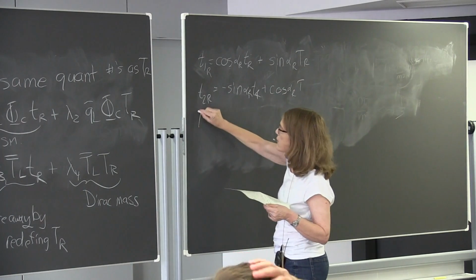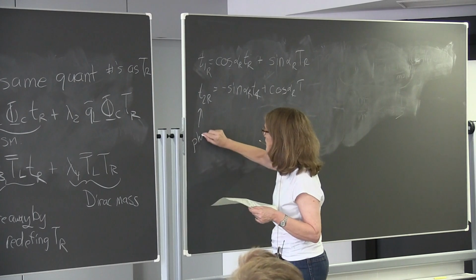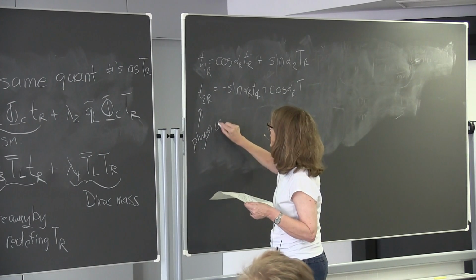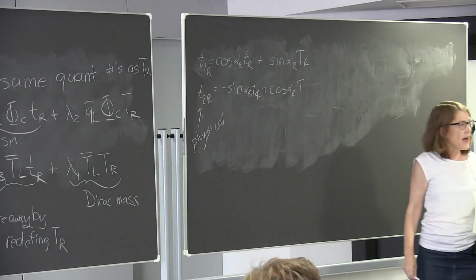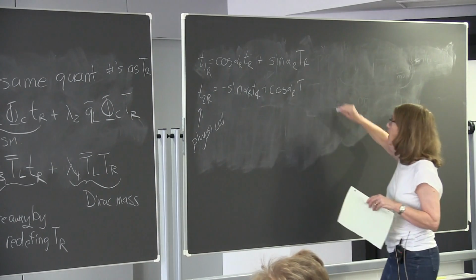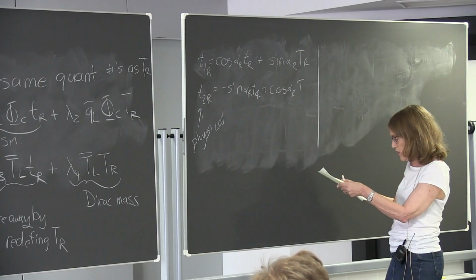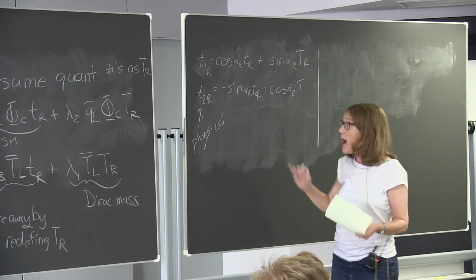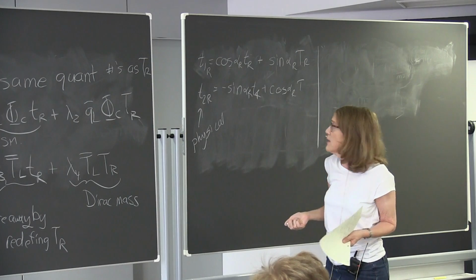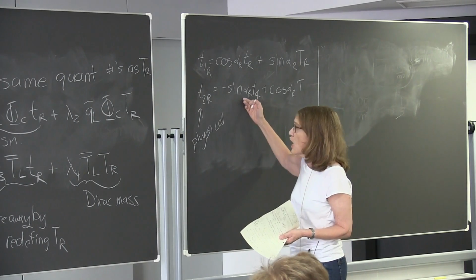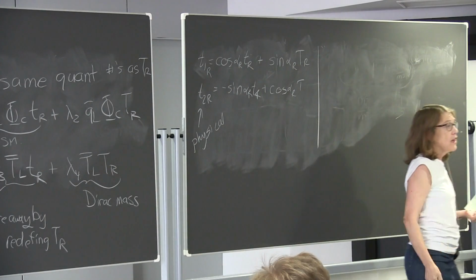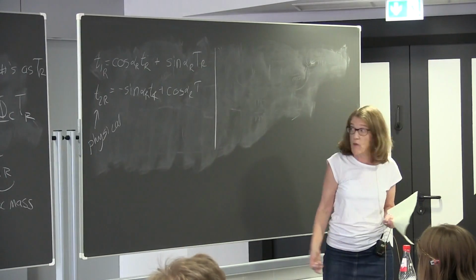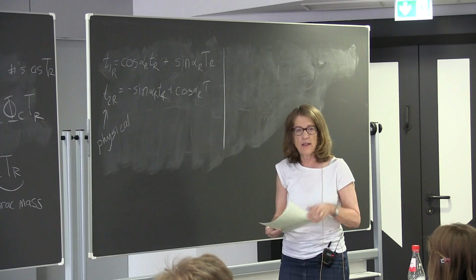Where these are my physical mass eigenstates. So here's the top quark and here's the heavier guy, and you guys can all diagonalize 2 by 2 matrices. Yes, you can do it. I know you can do it. So after you diagonalize your 2 by 2 matrices to find the mass eigenstates, you can go back and find the couplings of the mass eigenstates to the Higgs. You just diagonalize it. It's fun.